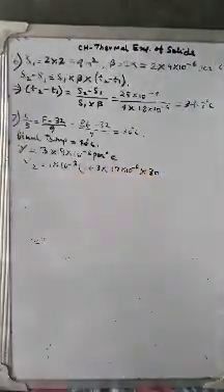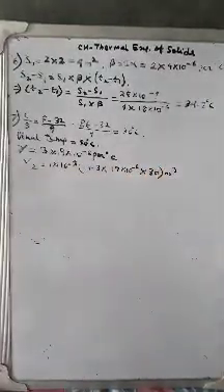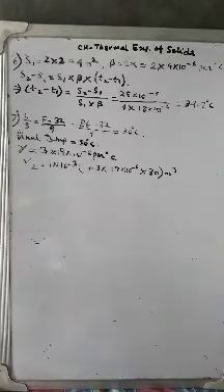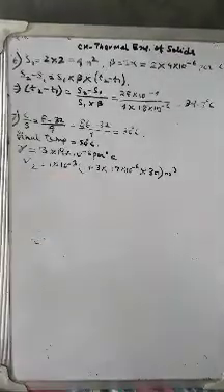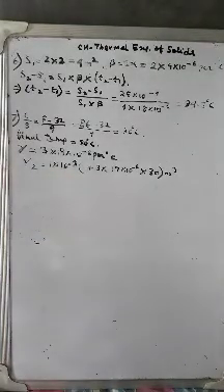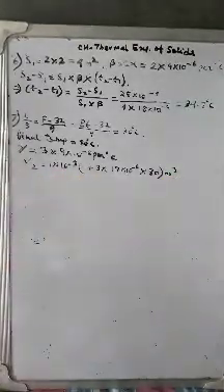And close the bracket, meter cube. Clear? Just go through the formula, students. I'm just repeating the formula: V1 into 1 plus gamma T. So just calculate it, you will get the answer. Just the calculation you have to do.